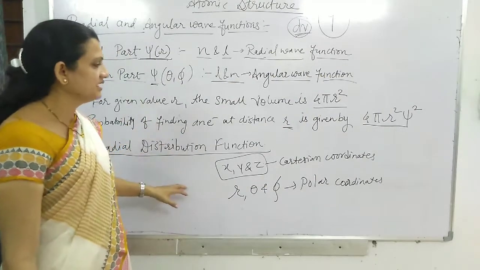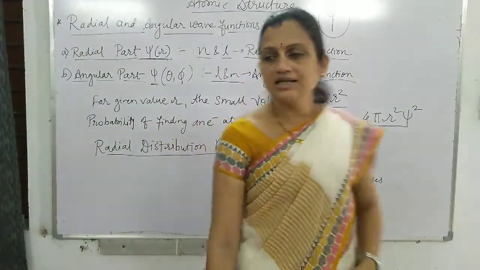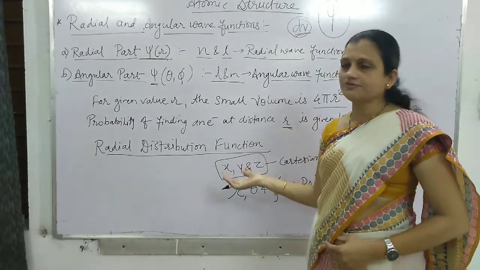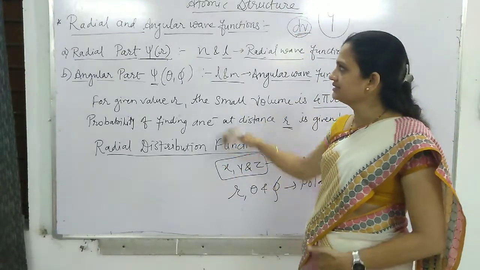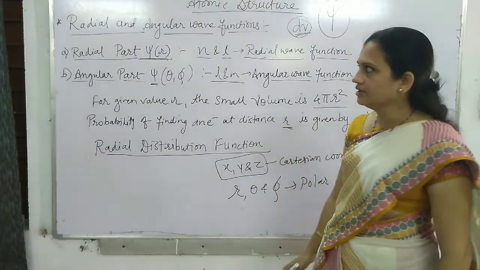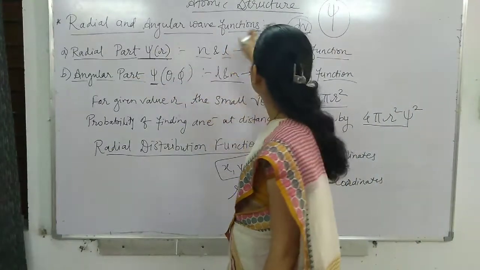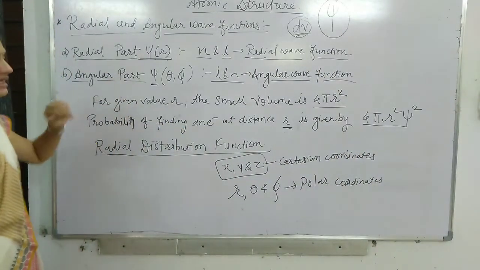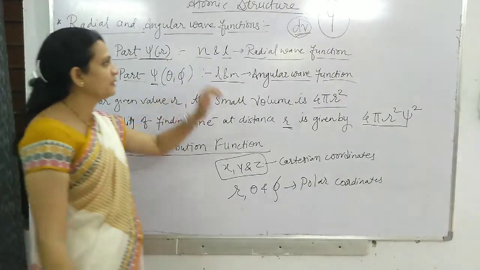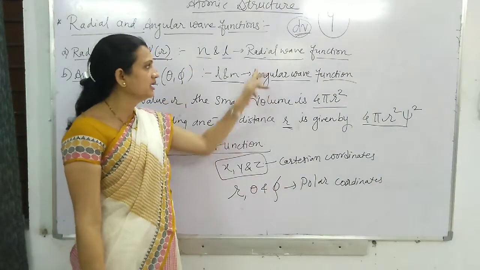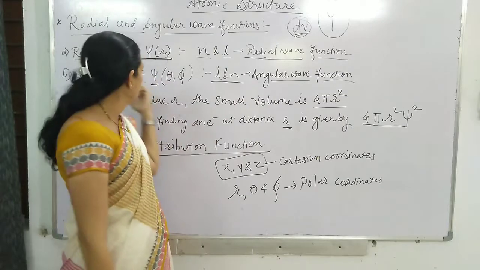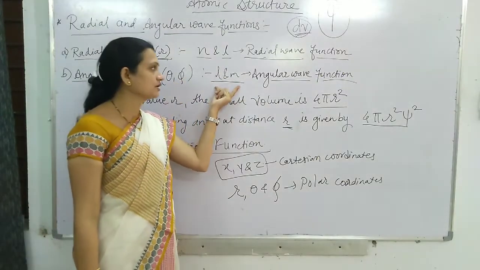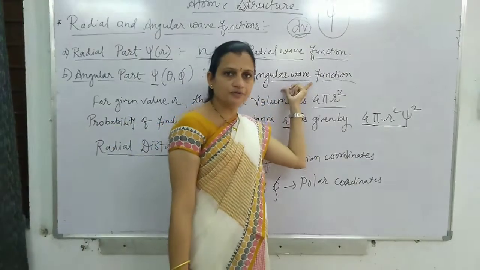This is a very small topic, radial and angular wave function, but it is important for our further studies. The wave function splits into two parts, the radial part and the angular part. The radial part depends upon the principal and azimuthal quantum numbers and is known as the radial wave function. The angular part depends upon l and m, the azimuthal and magnetic quantum numbers, and is known as the angular wave function.